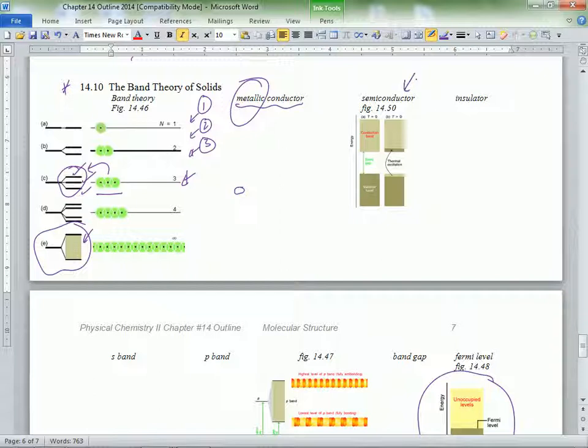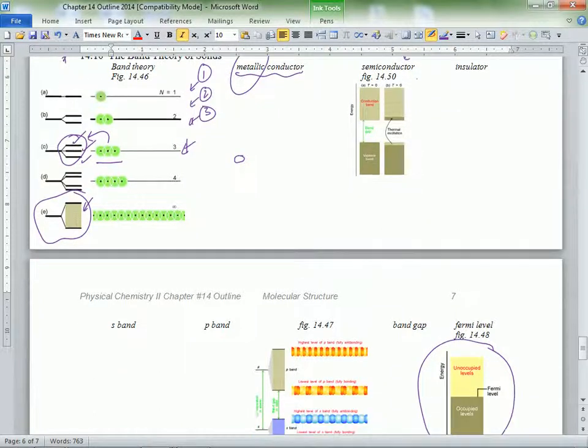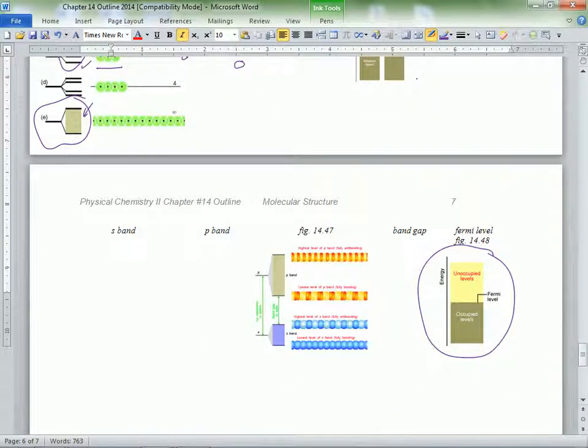We have semiconductors. Okay. So with semiconductors, now we don't have an individual band anymore. To explain a semiconductor, we have to have 2 bands, right? This might be an illustration of a semiconductor, where we have an S band and a P band.